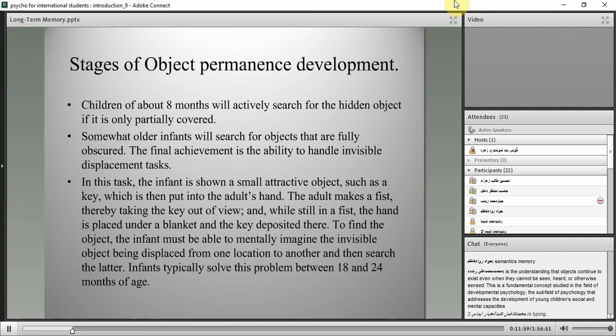Infants typically solve this problem between 18 to 24 months old. That is around the age of when they are 1 year old. They are able to imagine that hidden object although they cannot see it. If you recall the Piagetian stages of cognitive development, the first stage is the sensorimotor, and then the preoperational stage.